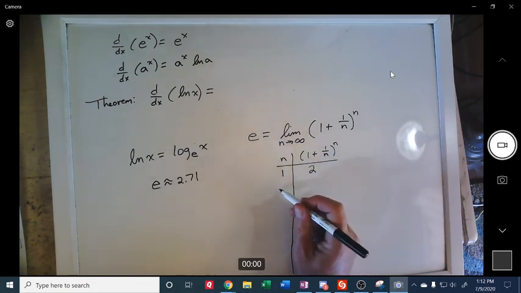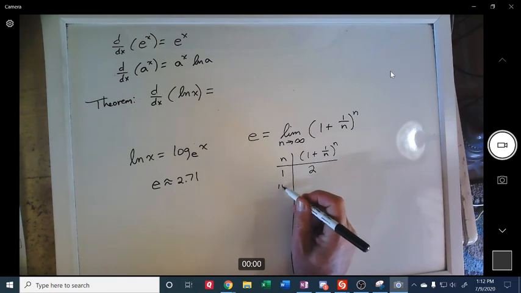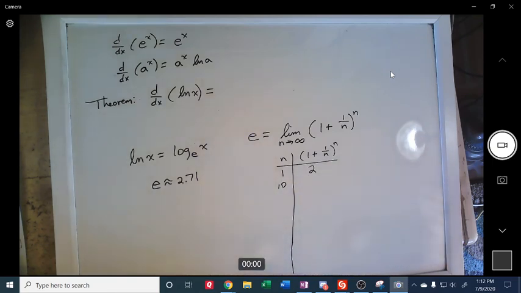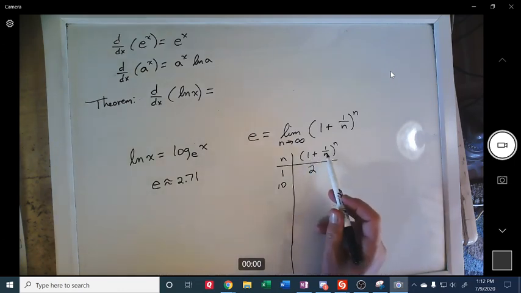And now let's make n 10 times as big every time. If n is 10, the slow way to write this is 1 plus 1/10 to the 10th power.